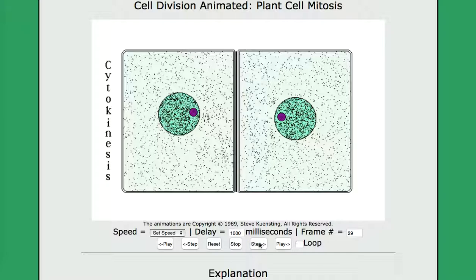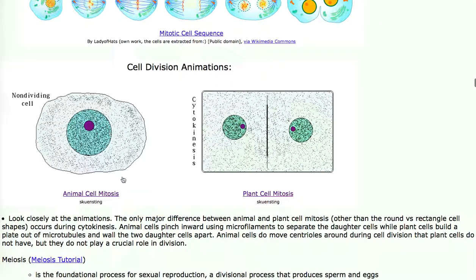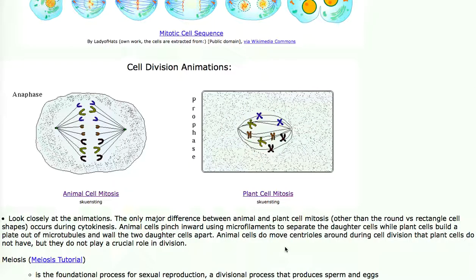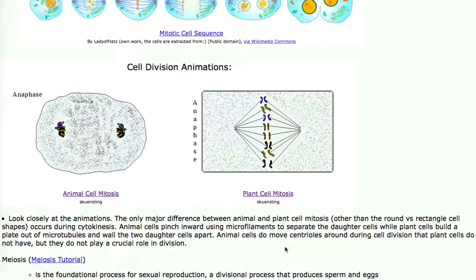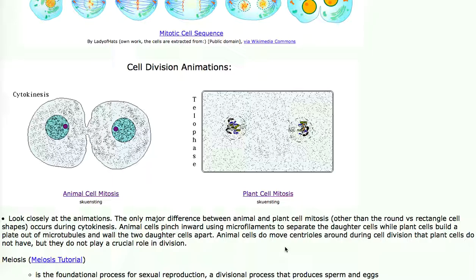Then each cell builds its own cell membrane and cell wall on its own side, and the division is complete. We have two cells where we had one before. That's mitosis. The only differences between plant and animal cells are that plant cells do cytokinesis differently, and plant cells are missing the centrioles that animal cells have.